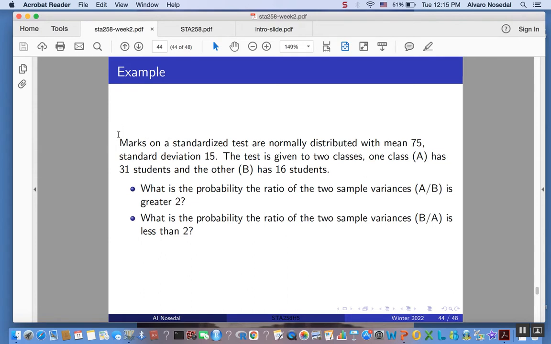In this case, we are talking about scores, marks, and we assume that the random variable score or mark has a normal distribution with mean 75 and standard deviation 15.